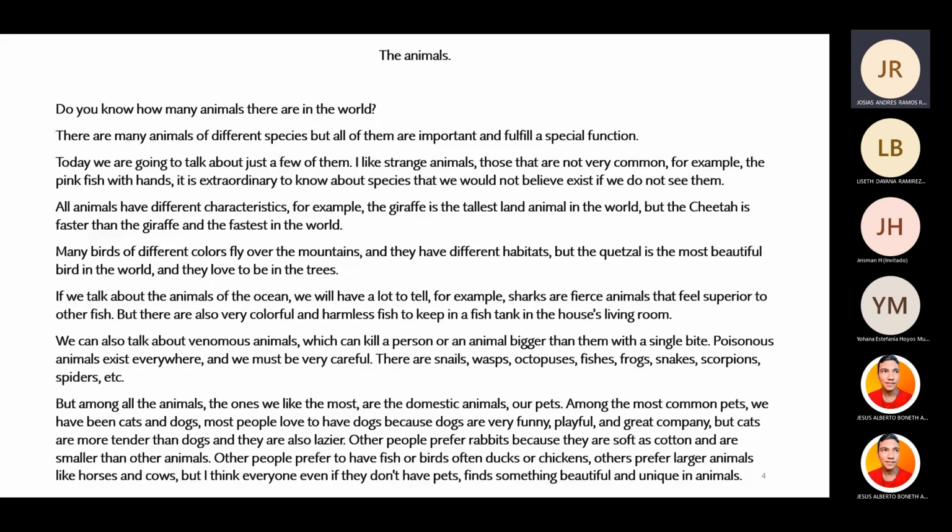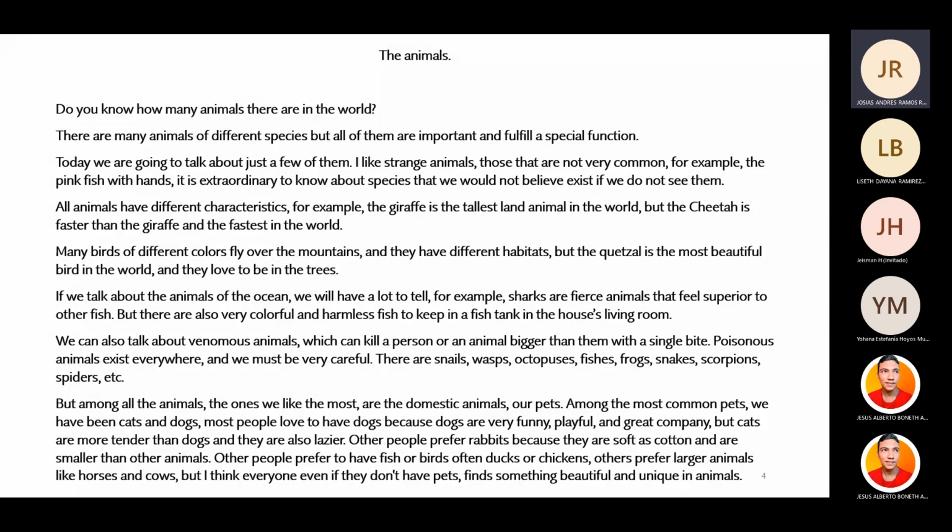But there are also very colorful and harmless fish to keep in a fish tank in the house's living room. We can also talk about venomous animals, which can kill a person or an animal bigger than them with a single bite.